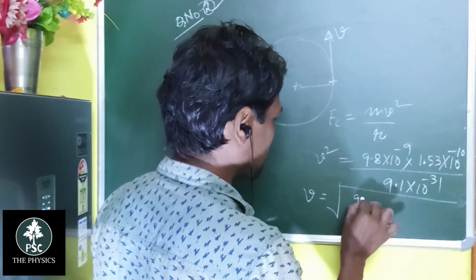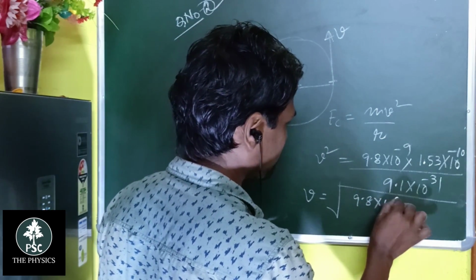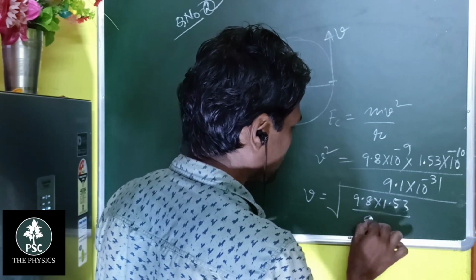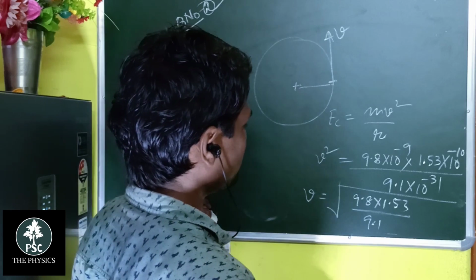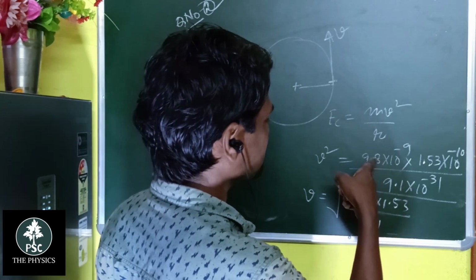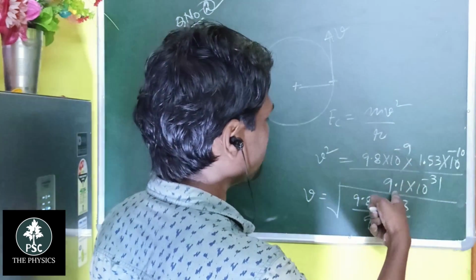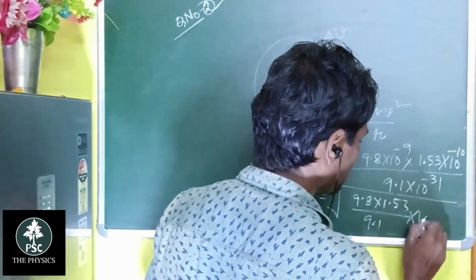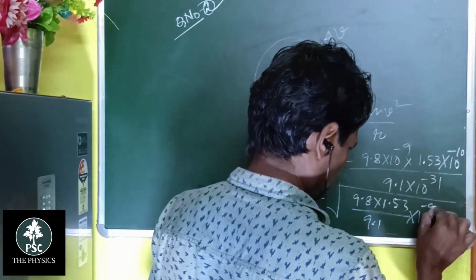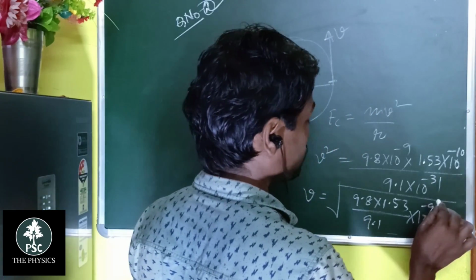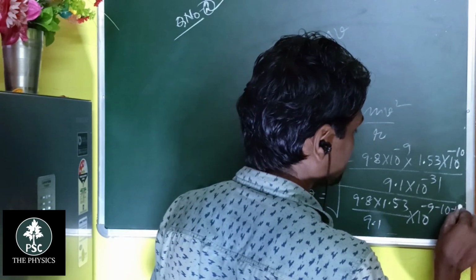So this one is 9.8 into 1.53 divided by 9.1, into 10 to the power minus 9 into minus 10 and plus 31.